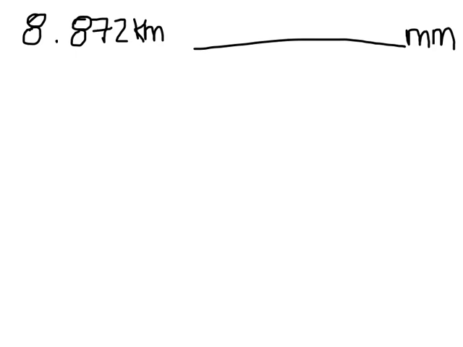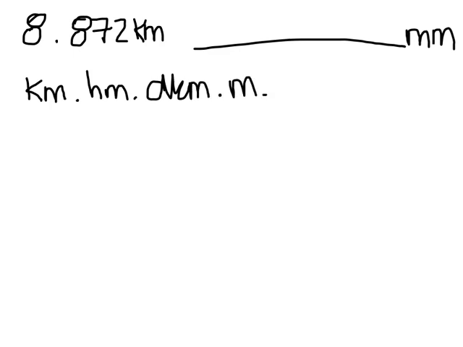So first I write my scale: kilometers, hectometers, decameters, meters, decimeters, centimeters, and millimeters. So I write what I know with a decimal point. I know that it's going to be right there because it's a whole number.